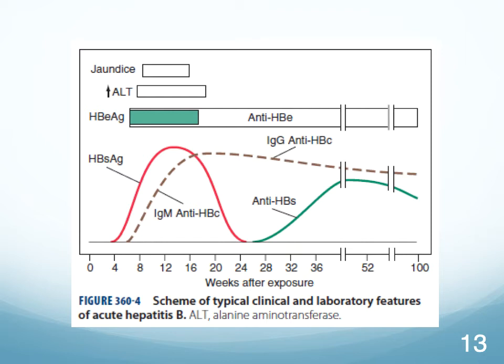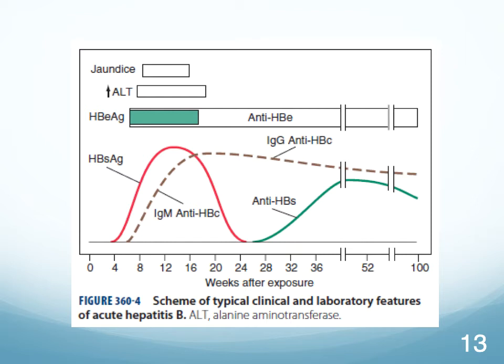But if you have patients who acquire this at birth, chances are the S antigen will progress up until the patient is in adulthood. Some 1% will develop the anti-HBs.